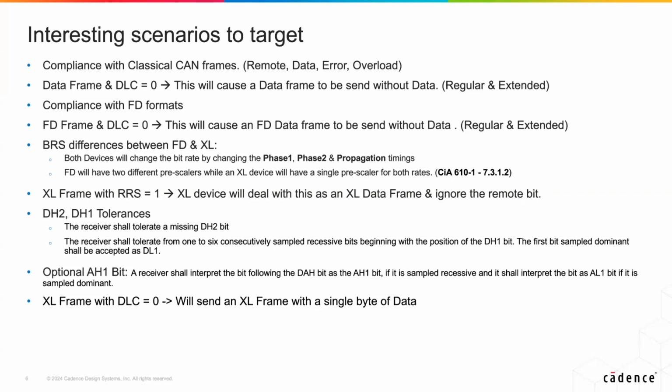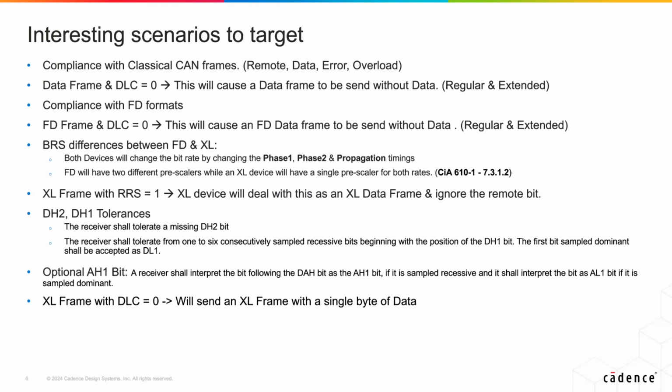However, in XL, both phases, nominal and data phase, share a single prescaler, while they have different phase 1, phase 2, and propagation timings. So when you do an FD frame on a CAN XL device, while the timing will be different depending on phase 1, phase 2, and propagation configurations of your IP, the prescaler will still be the same. You will not get the ability to use 2 prescalers in CAN XL.